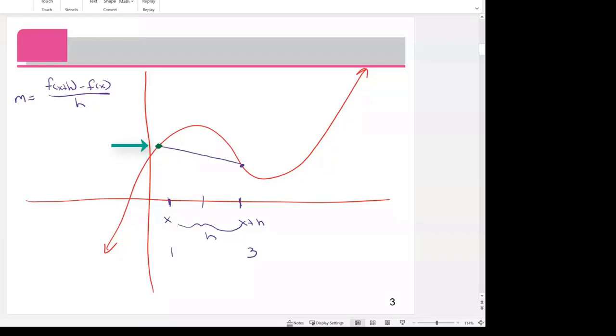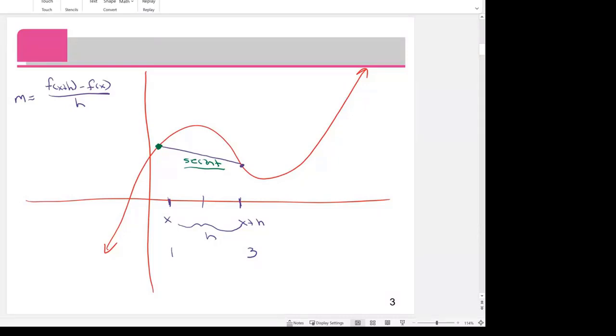And when I say at that point, I mean just this point, not between 2 points. If I wanted to find the slope of the line at that point, this right here is called a secant line. It goes from one point to another point on the curve.